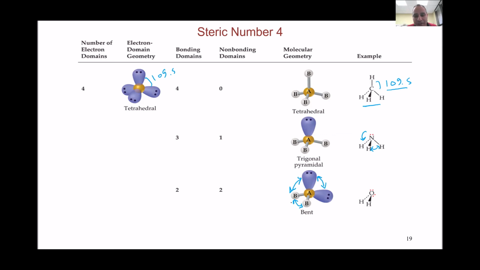This causes the angle between the bonds to get smaller than 109.5. In the case of water, it is exactly 104.5, and water is an example of that geometry.